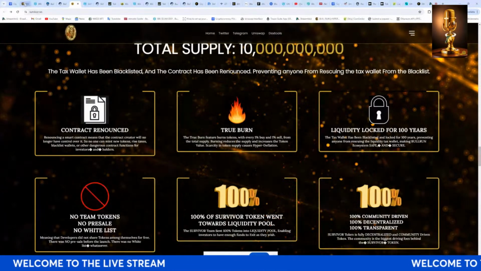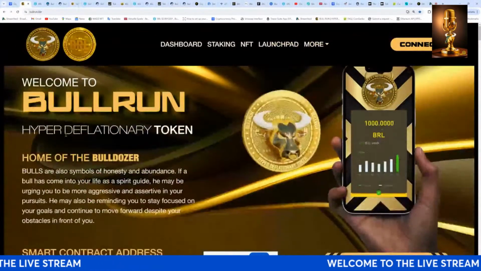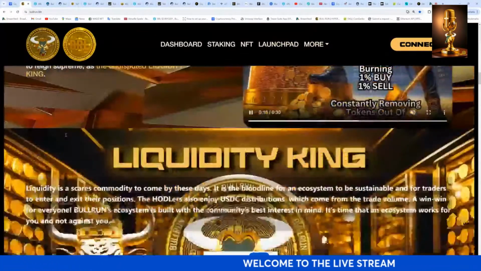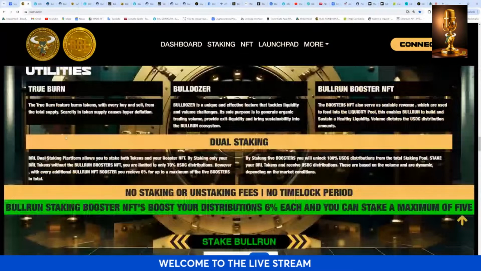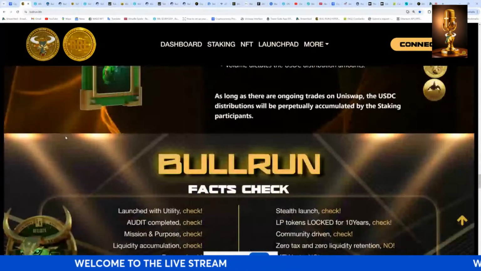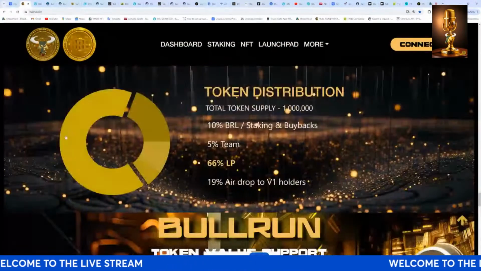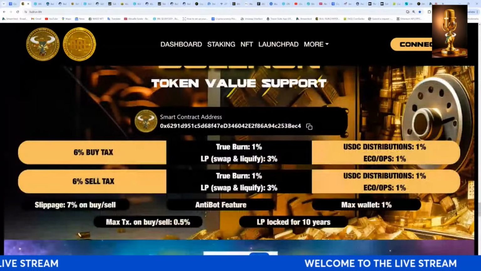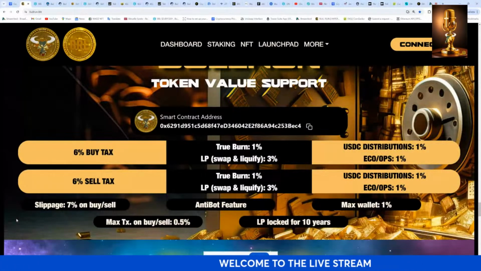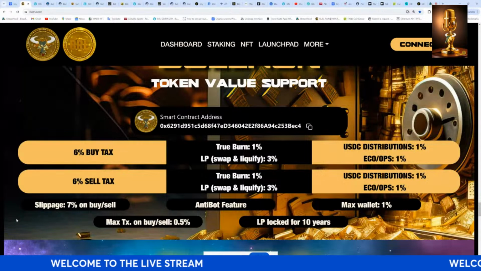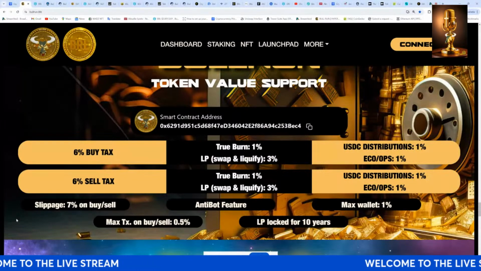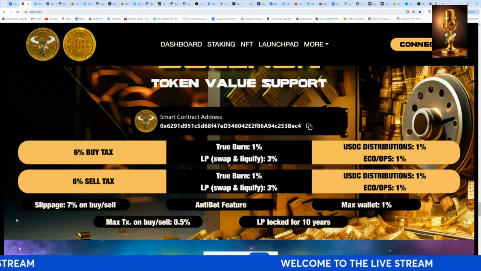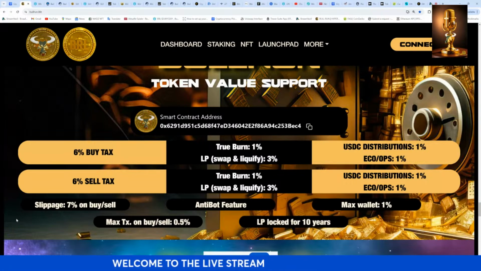Now, if we look at Bullrun itself, its tokenomics are also different because it has a staking platform. So its tokenomics are completely different here, and it has a 6% buy and sell tax. Now, keep in mind, we are solving the 4 challenges we just saw, which is inflation and illiquidity.